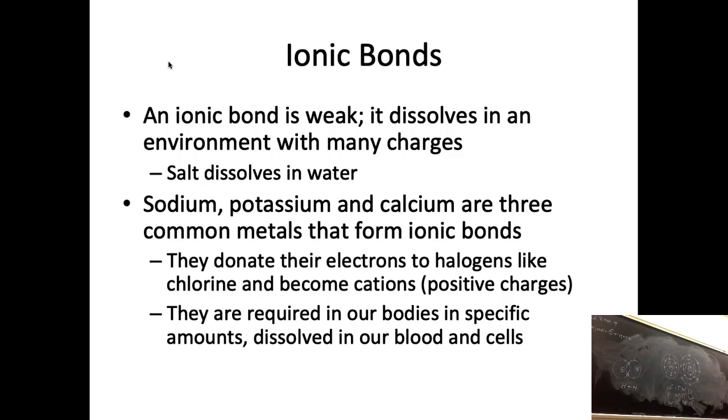The reason for that is that ionic bonds are usually a little weaker. They usually dissolve when they are in an environment with a lot of other positive and negative charges. And for reasons we'll get to in a little bit, that includes water. Is there water in the human body? Yeah, is there a little or a lot? A lot, right? 70% or something like that, right? And so that means that you don't see very many ionic compounds in the human body.